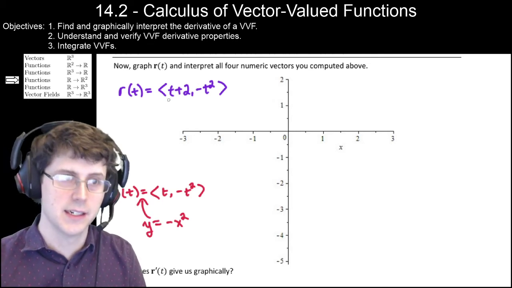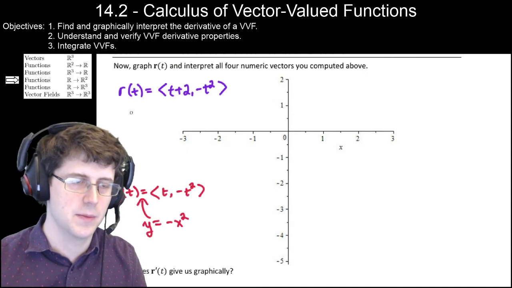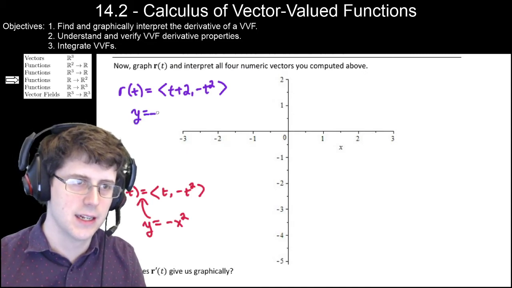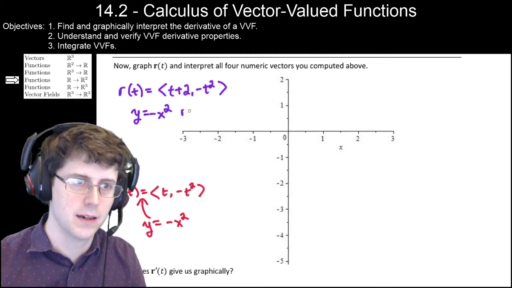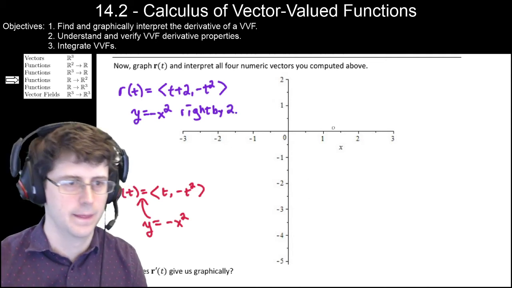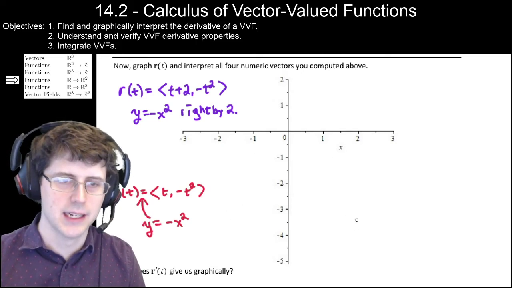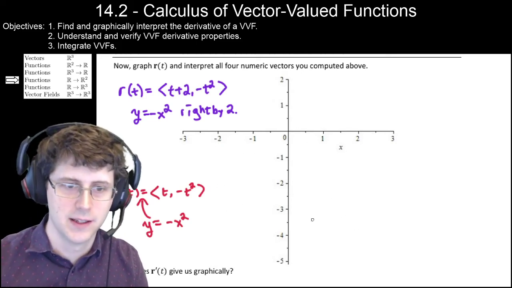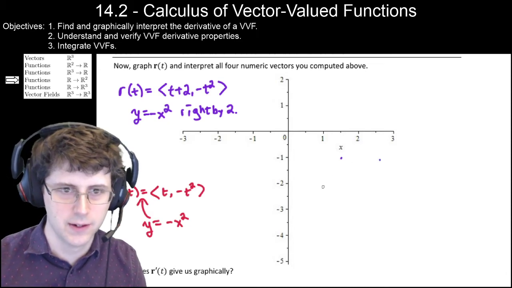This one is similar, the one that we need to graph. This is going to be y equals minus x squared, except all the x values are 2 higher. So y equals minus x squared would just be a parabola with a vertex at 0, 0. This one's going to be a parabola with a vertex at 2, 0.